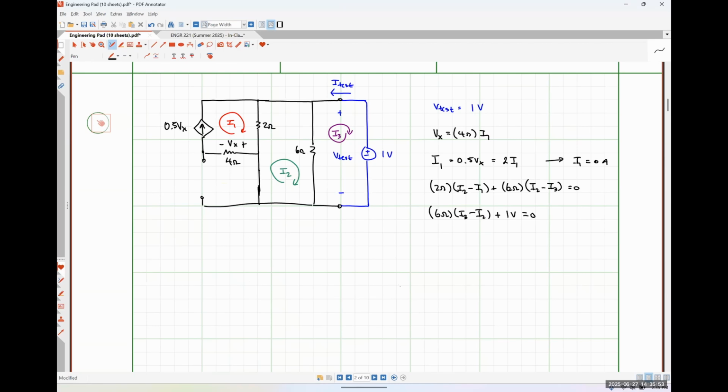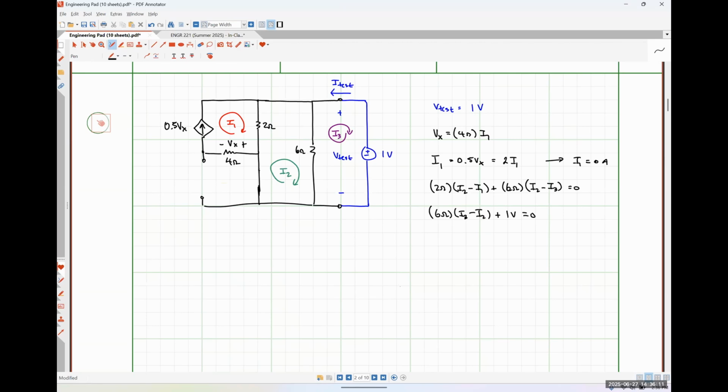And in my third equation, I'm going to have 0 I1, negative 6 I2, positive 6 I3 is equal to 1 volt, no, excuse me, negative 1 volt, when I move that 1 over to the other side of the equal sign.